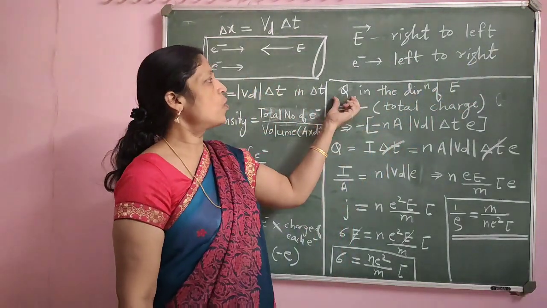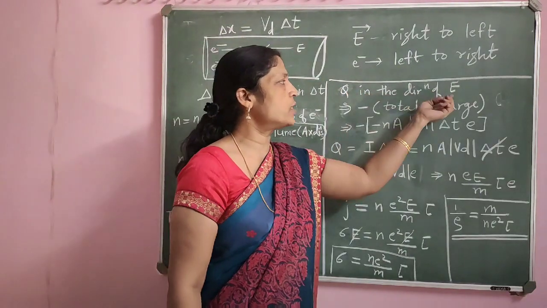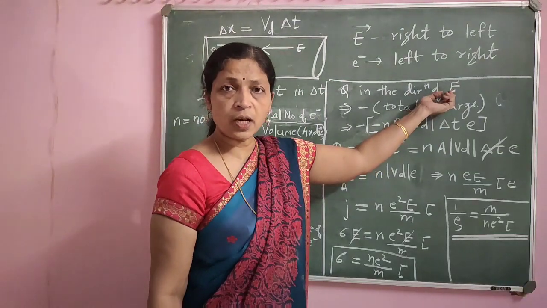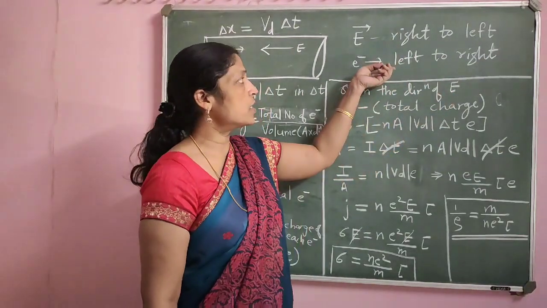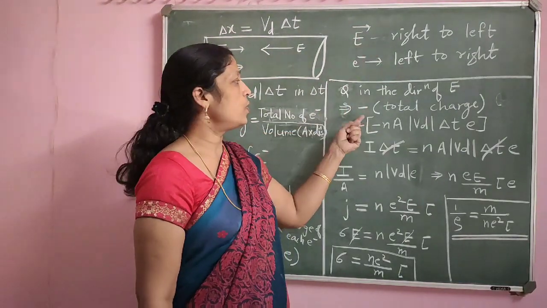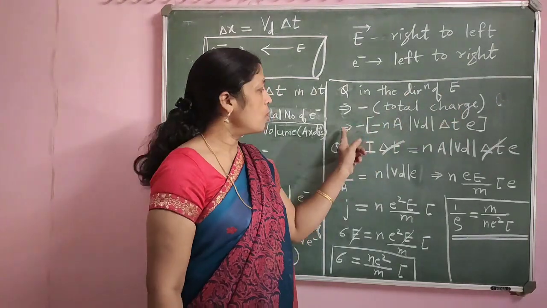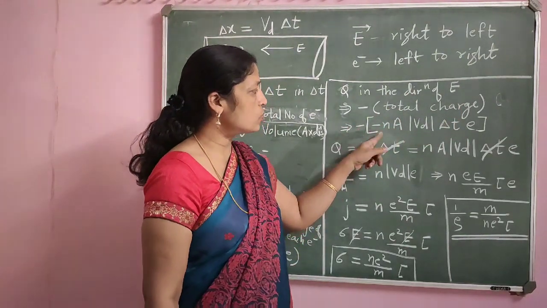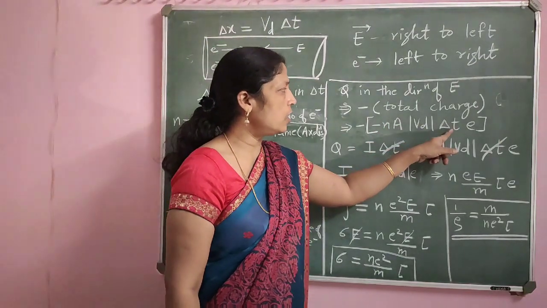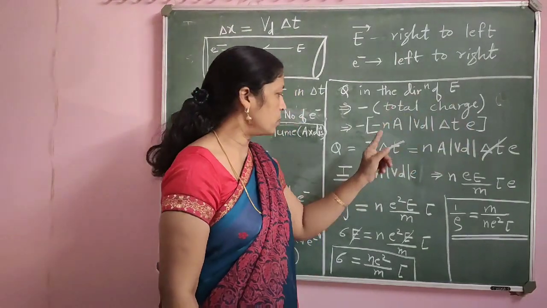But here we want to find the charge flowing in the direction of electric field. But the charges and the electric field are opposite to each other, so we have to add a negative sign to the total charge. Minus, again minus of n A Vd delta t into e, that is the charge of each electron.